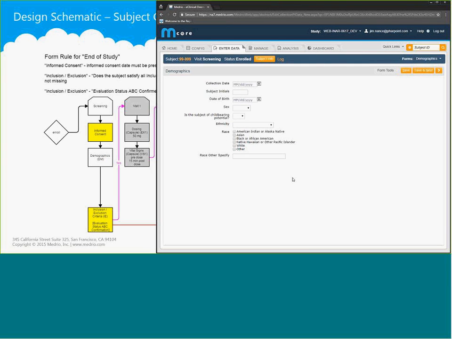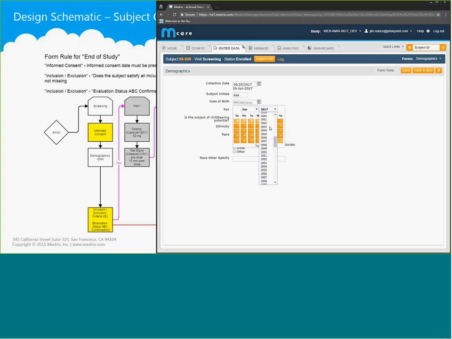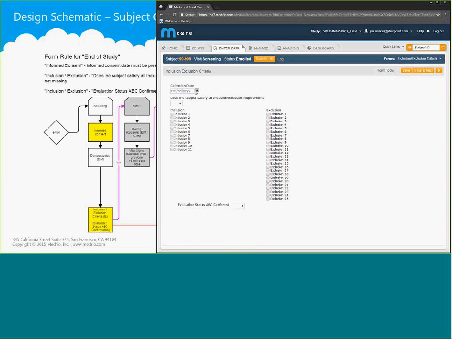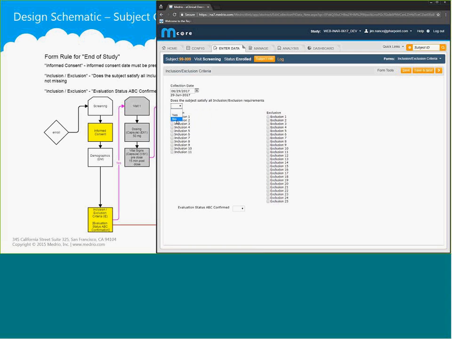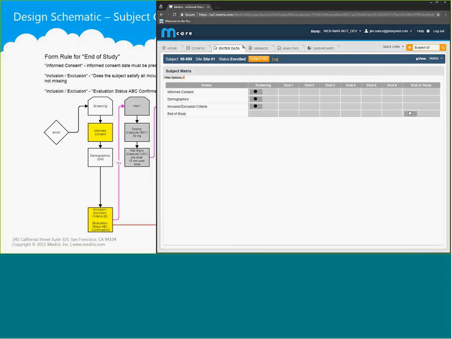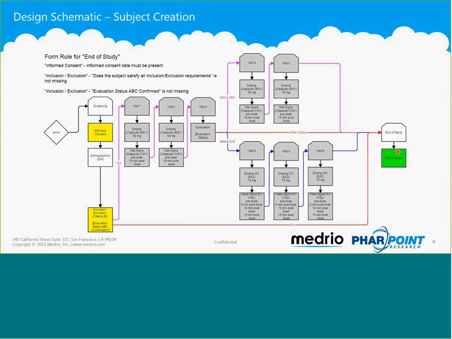Even though technically demographics is not on for completeness, we'll just pop in real quick to our inclusion-exclusion form. So we'll just say that no, they didn't meet criteria. It was some criteria, and they did not meet their evaluation status. That triggered the add for our end of study here.